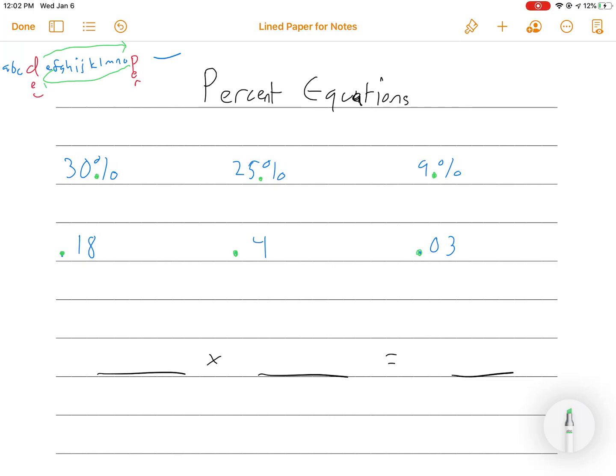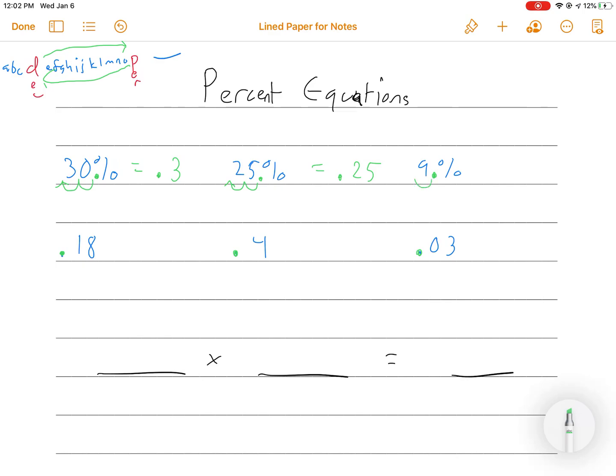So if I have 30% and I want to turn that to a decimal, I'm going to move that decimal 2 places. I move it 1, 2 places over, and this is 0.30, also known as 0.3. 1, 2 places to the left will take me from 25% to the decimal form of 0.25.